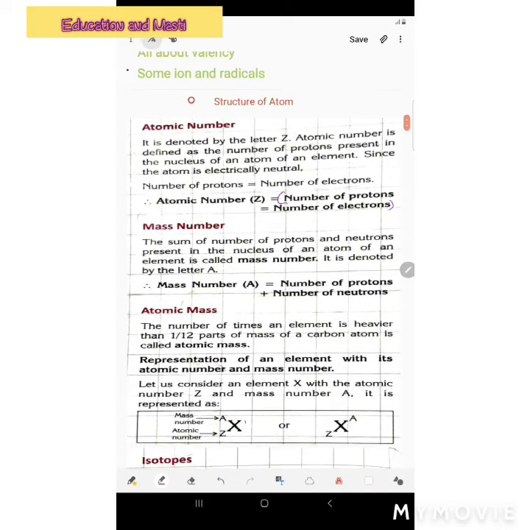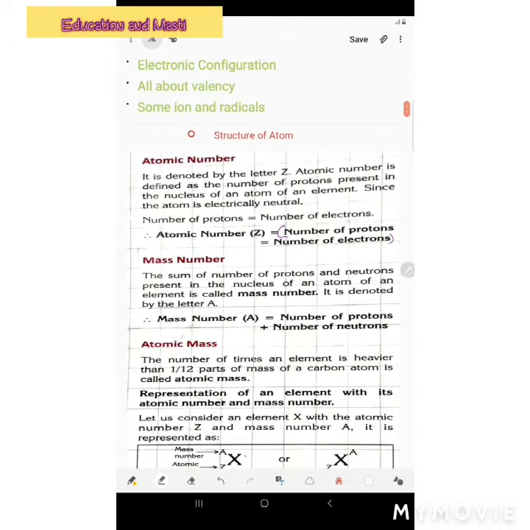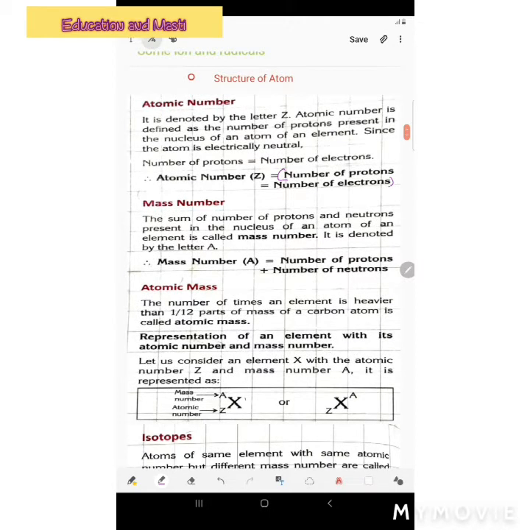Now let's move to the mass number. Before that, let me tell you what is this atomic number and mass number in an element. For example, I have taken one element, that is X. The number here will be the mass number and the number here will be the atomic number. For example, I have taken sulfur, and I have written 32 here and 16 here.